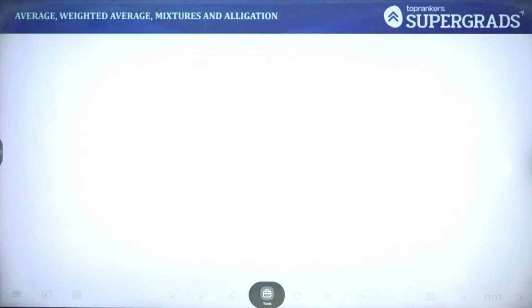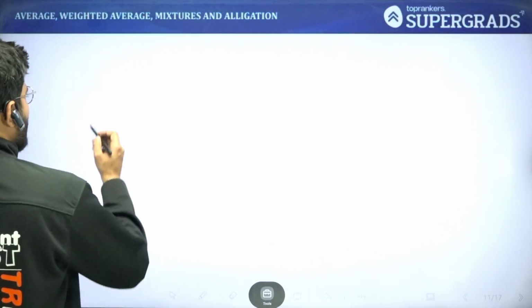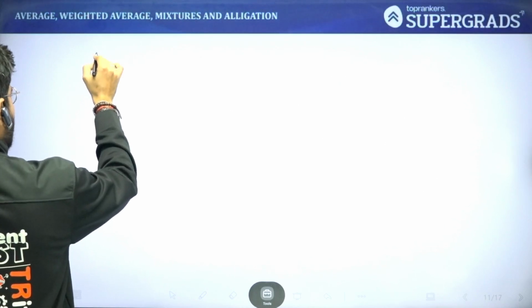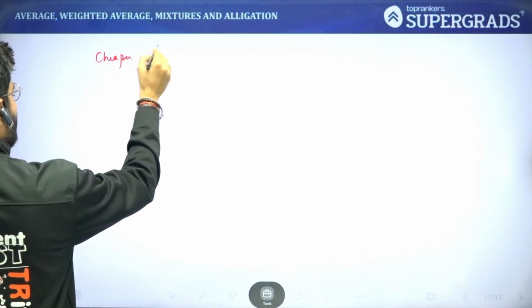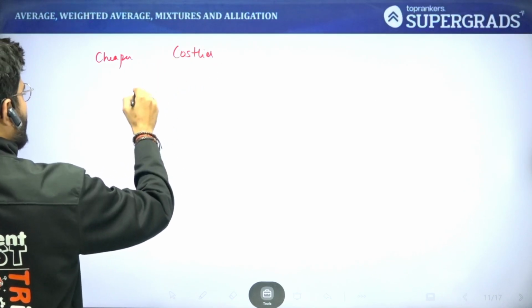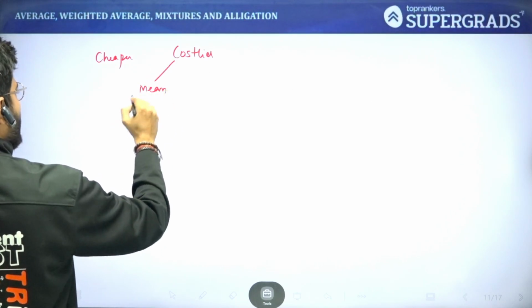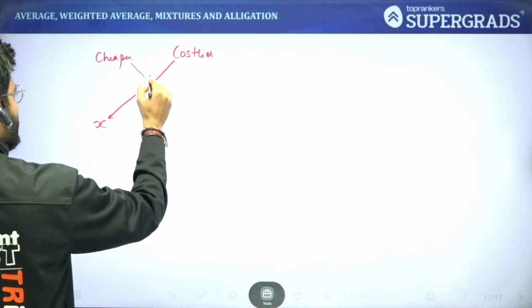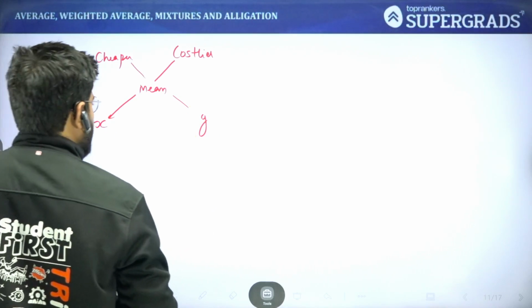That is allegations. So when we talk about allegations, how do we do it? We put the cheaper quantity here, we put the costlier quantity here, and then we put the mean here. The difference of these two gives the share of the cheaper quantity, and the difference of these two gives the share of the costlier quantity.